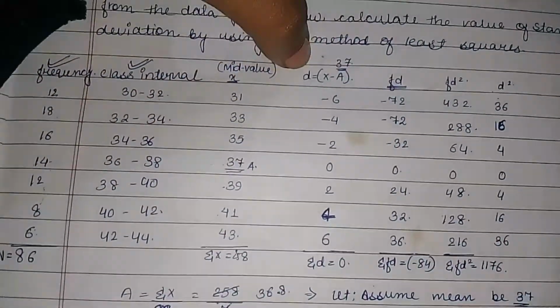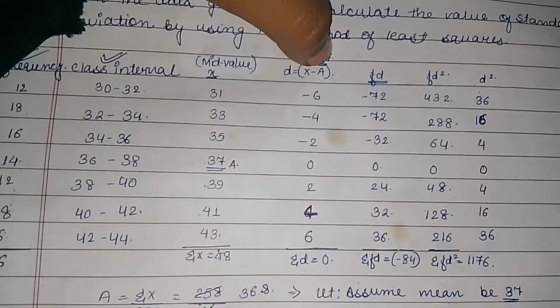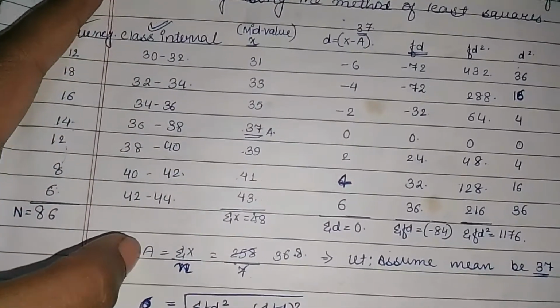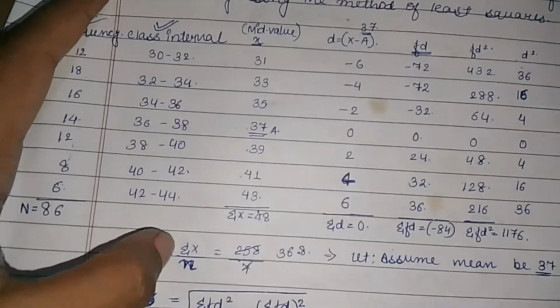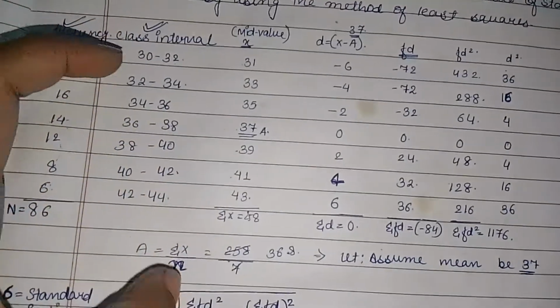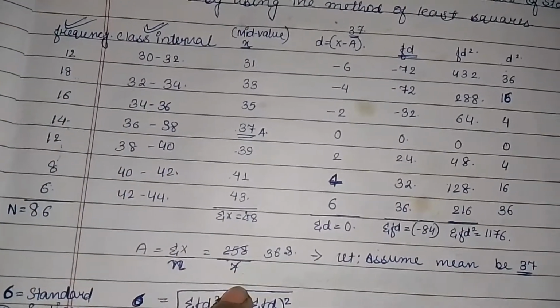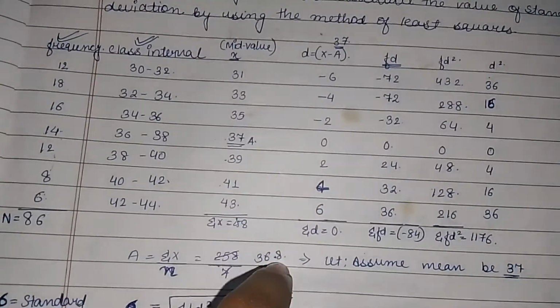Next we have to calculate d. d is x minus a, so we have to calculate a. For the assumed mean, summation x is 258 and n is 7. 258 upon 7 equals 36.8.